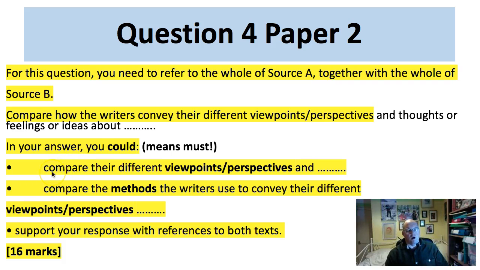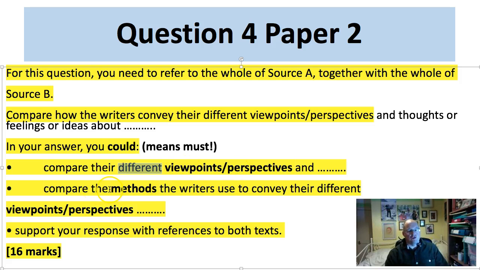So bullet point number 1, what must you do? You must compare their different viewpoints. Yes, they will always be different viewpoints, and therefore, when the examiners say compare, they actually mean find the differences, okay? The differences, not any old differences, in the viewpoint or the perspective.